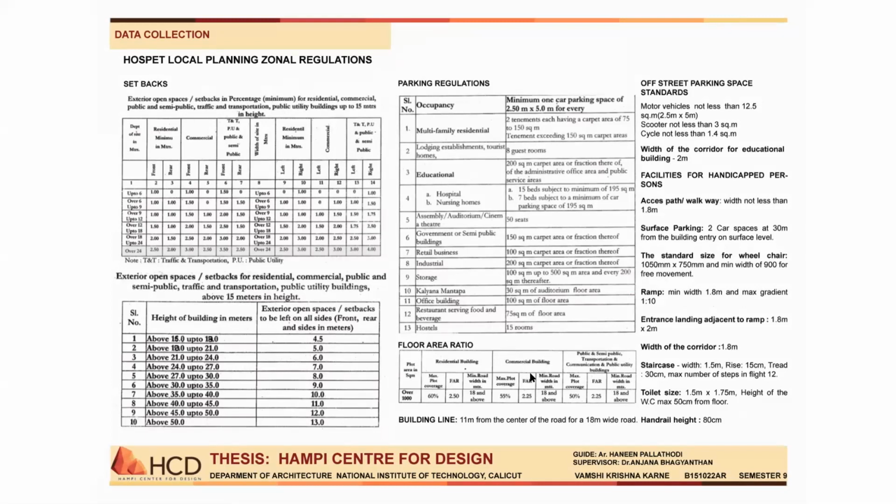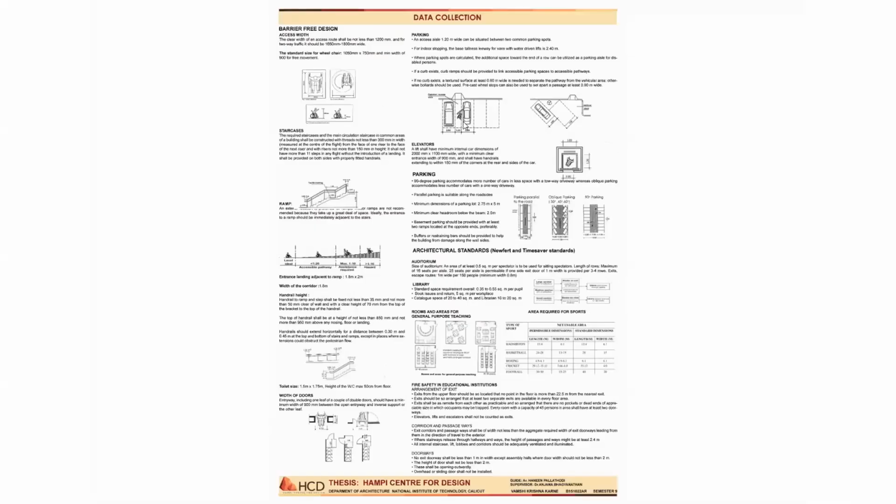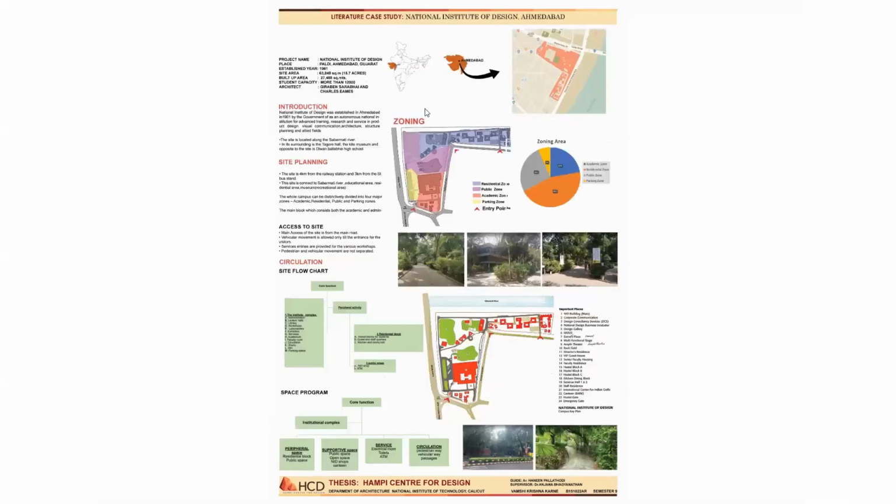The floor area ratio for the design institute is 2.25, and other data collections cover barrier-free design, stays, and parking. And here comes my literature case study, the National Institute of Design, Ahmedabad.